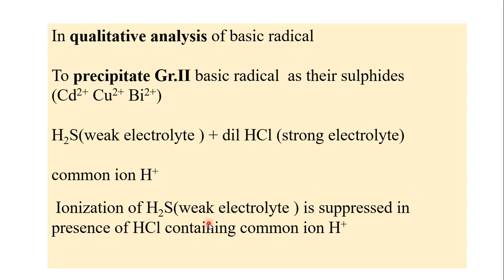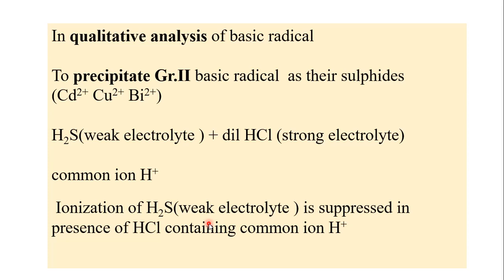Therefore the concentration of hydrogen ion increases but the concentration of sulfide ion decreases, and the ionic product of the metal ions of the second group basic radicals and the sulfide ion, that is the product of the concentration of metal ions and sulfide ion, is greater than the Ksp value of the sulfide, and therefore it gets precipitated.